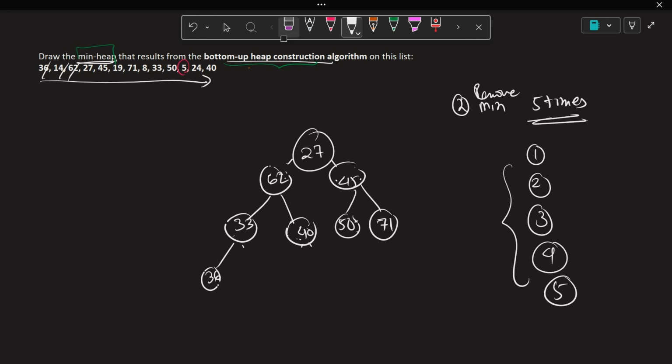Now 33 goes at the top, so 33, and then 62, and then we have 36. This completes your min-heap while removing it 5 times.